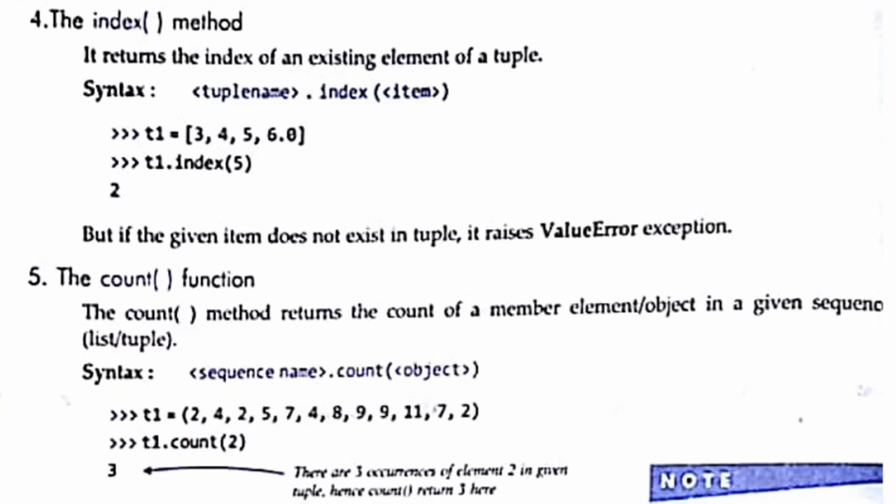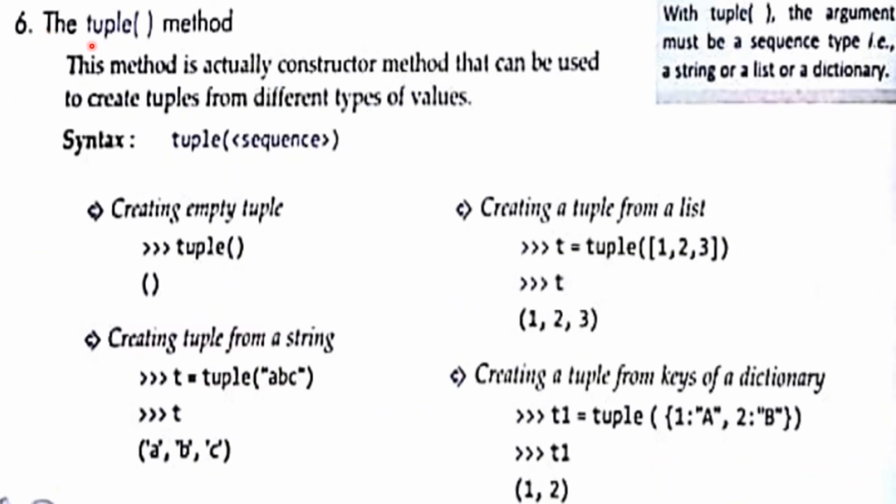Now the last one is the tuple method. This method is actually a constructor method that can be used to construct a tuple from different other types of values. We can create a tuple from a list, from a string, and from the keys of a dictionary also. This is how we create tuples from other different types of values.